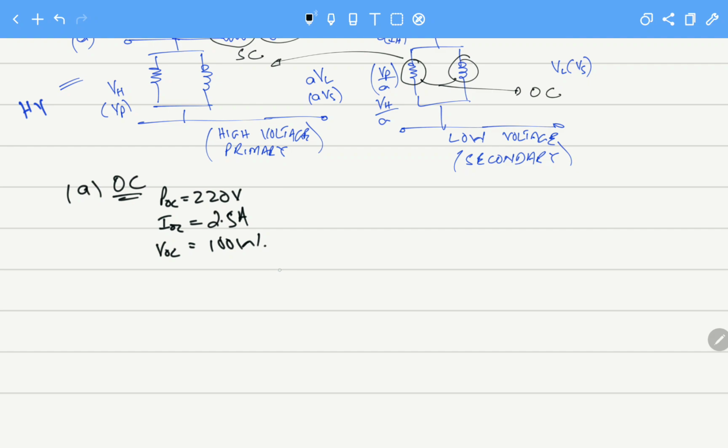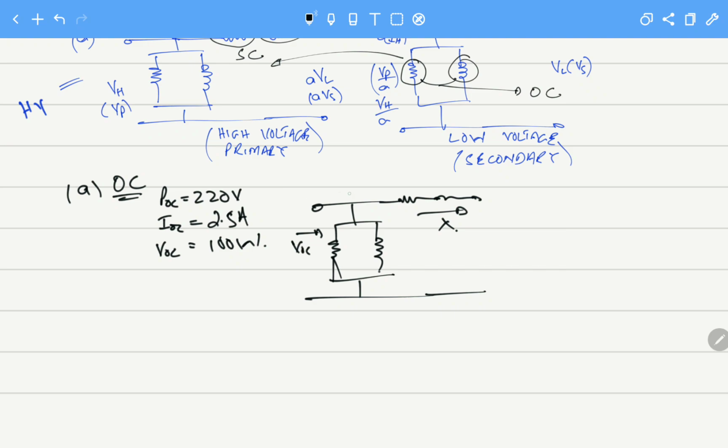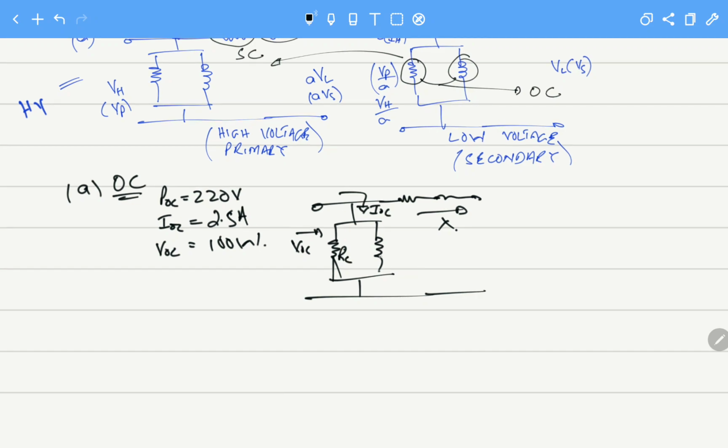So we are actually calculating this. We know this was open circuit, so no current was flowing here. All the voltage here was the voltage VOC, and the current was flowing into the magnetizing branch, and the power was in this branch. So this is RC and this is XM.